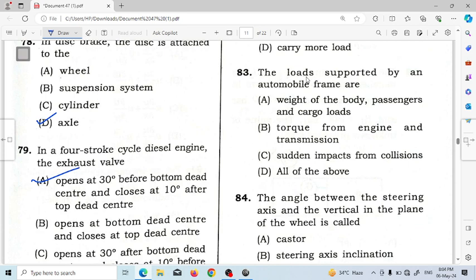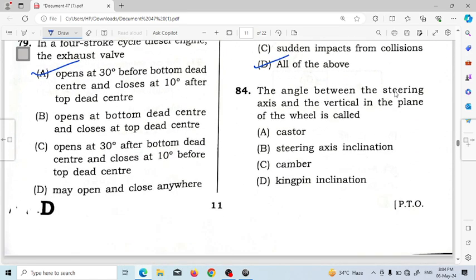Next, 83. The load supported by an automobile frame is weight of the body, passenger and cargo, torque from engine and transmission, sudden impact from collision, all of the above. So the answer will be option D, all of the above. Next, the angle between the steering axis and the vertical in the plane of the wheel is called the caster angle.